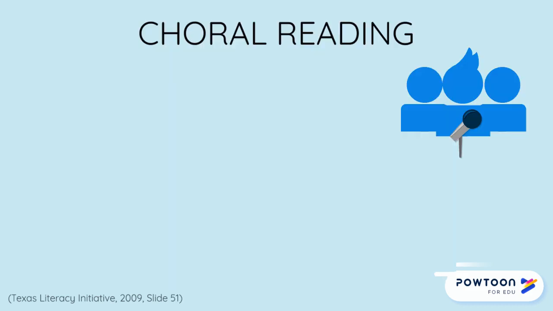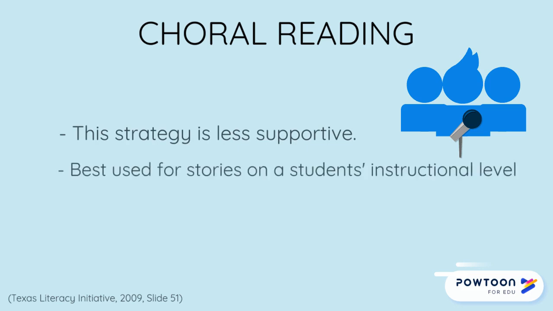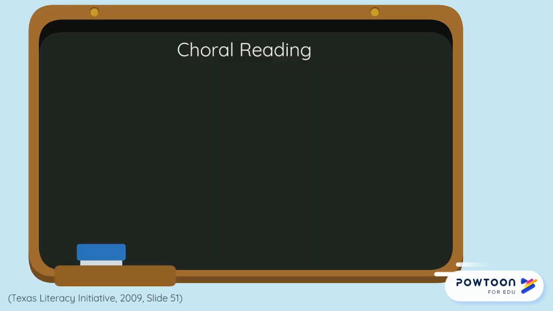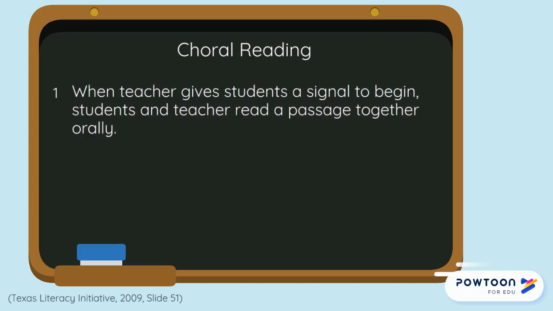The second type of reading we'll be discussing is choral reading. It's less supportive than echo reading, so we might use it on a story that is on many students' instructional level, or when we're reading a challenging story for the second or third time. In choral reading, the following is recommended. When the teacher gives students a signal to begin, students and teacher read a passage together orally.